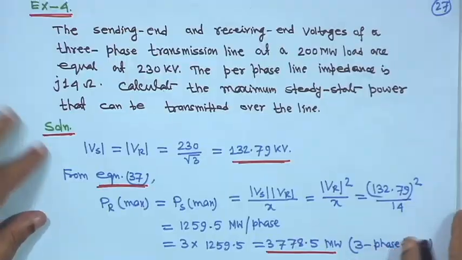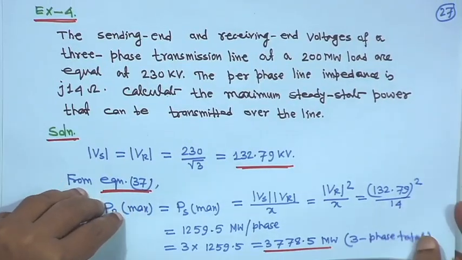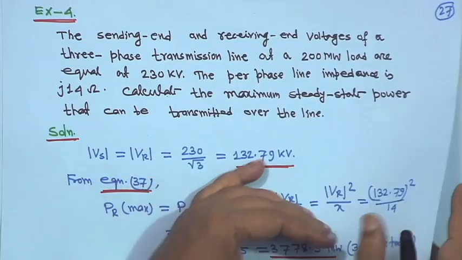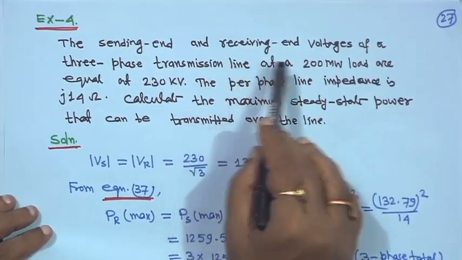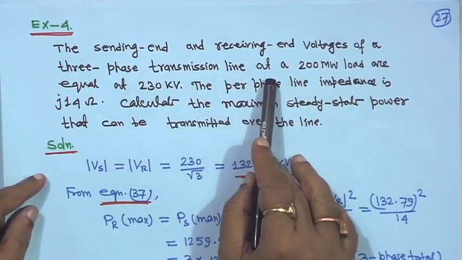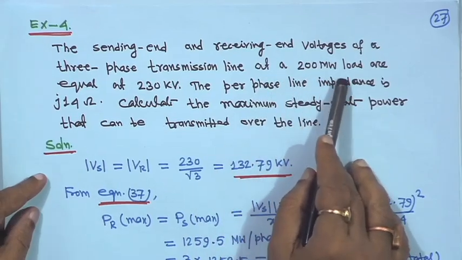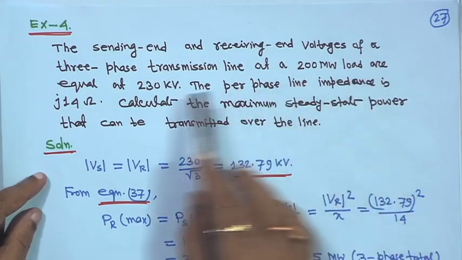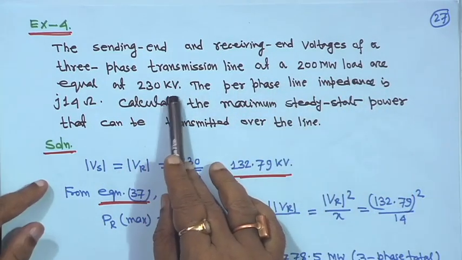Now, example 4. The sending end and receiving end voltages of a 3-phase transmission line at a 200 megawatt load are equal at 230 kV.